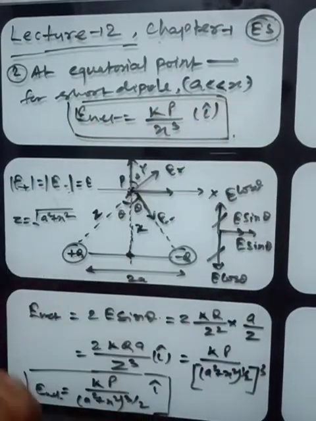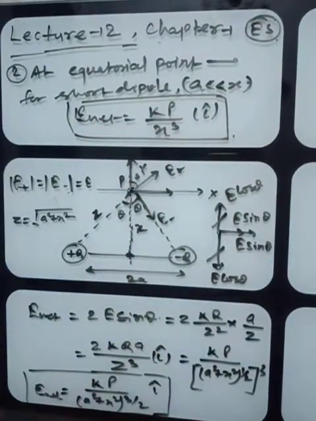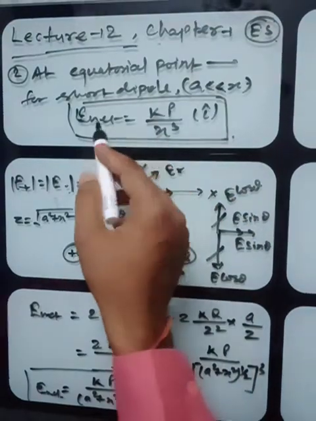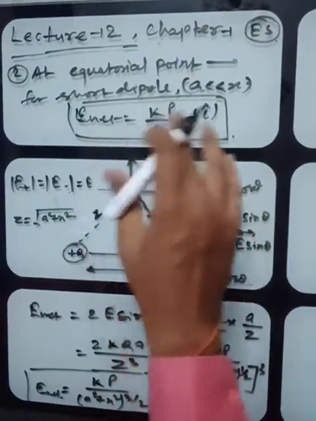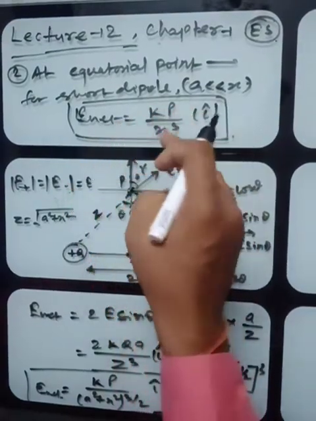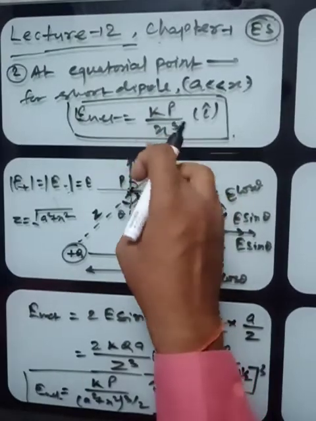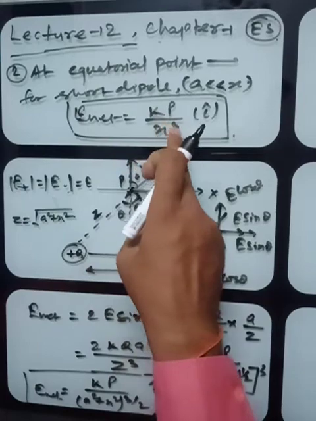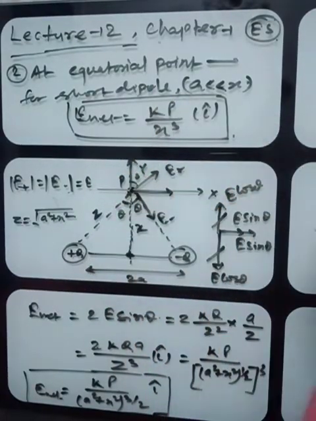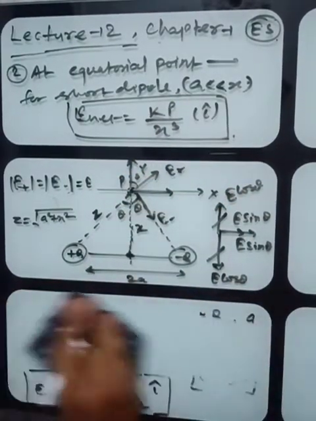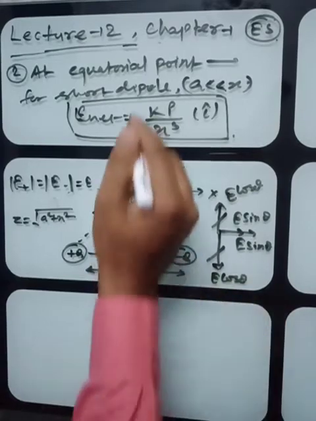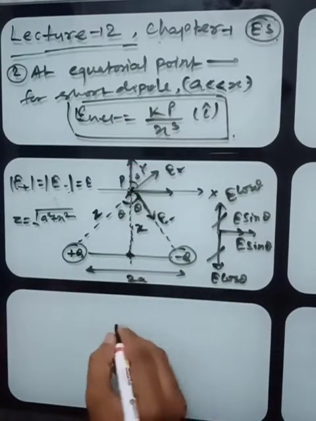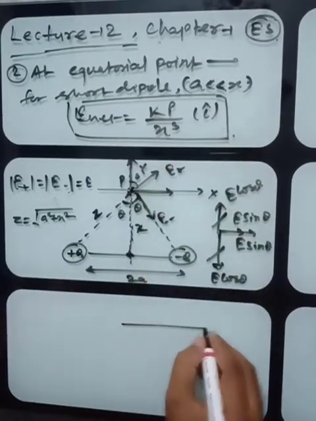Now again we are going to analyze the direction of the electric field and dipole moment. What is the relation between the direction of the electric field and the dipole moment? If the question asks what the angle is between the net electric field and the dipole moment in case of the equatorial point, you can see easily over here, students. This is the direction of the electric field, in the i cap direction.